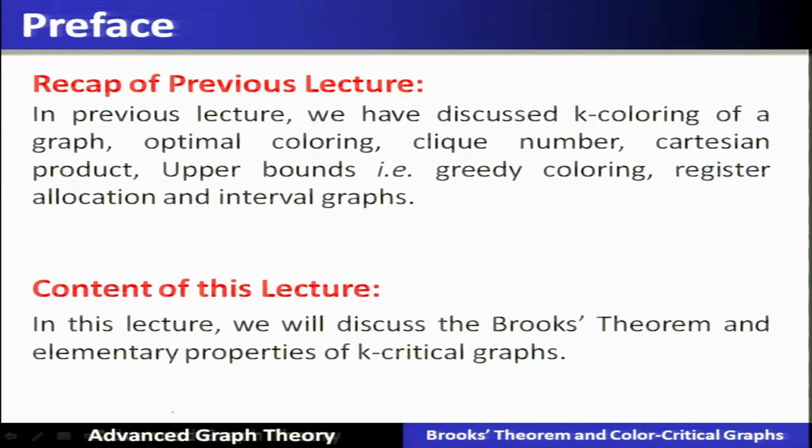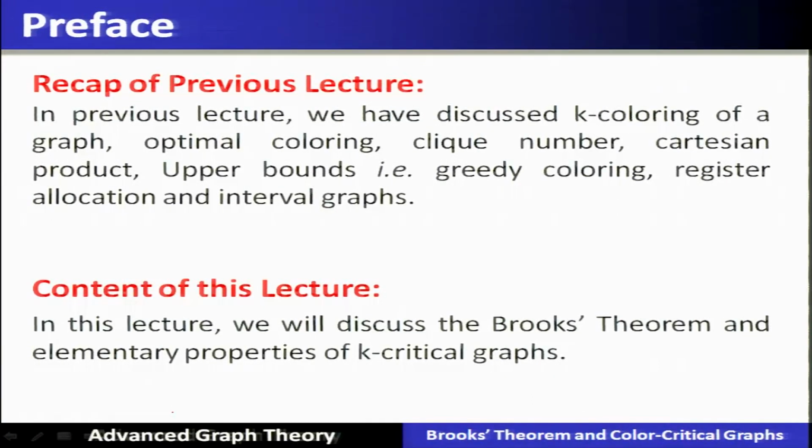Then we have also covered greedy coloring when the graph is an interval graph, and such kinds of graphs basically arise in the problem of register allocation, an application in compiler design.